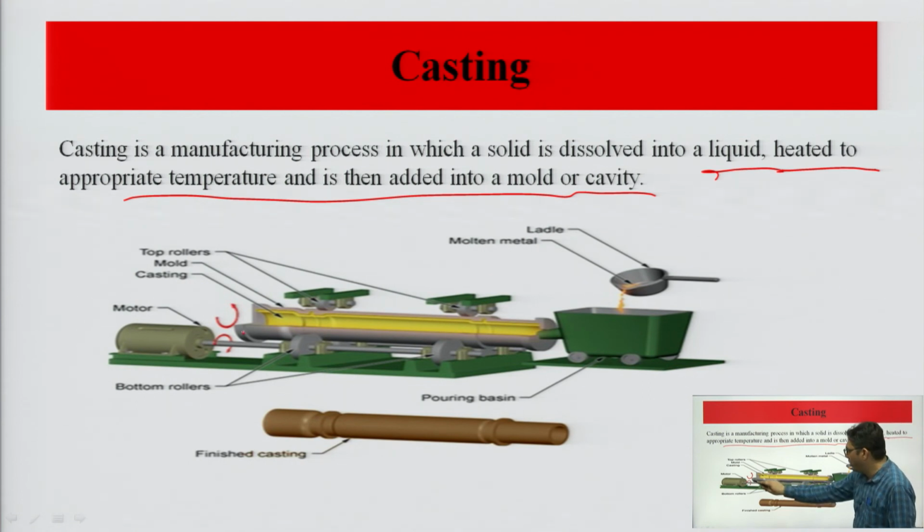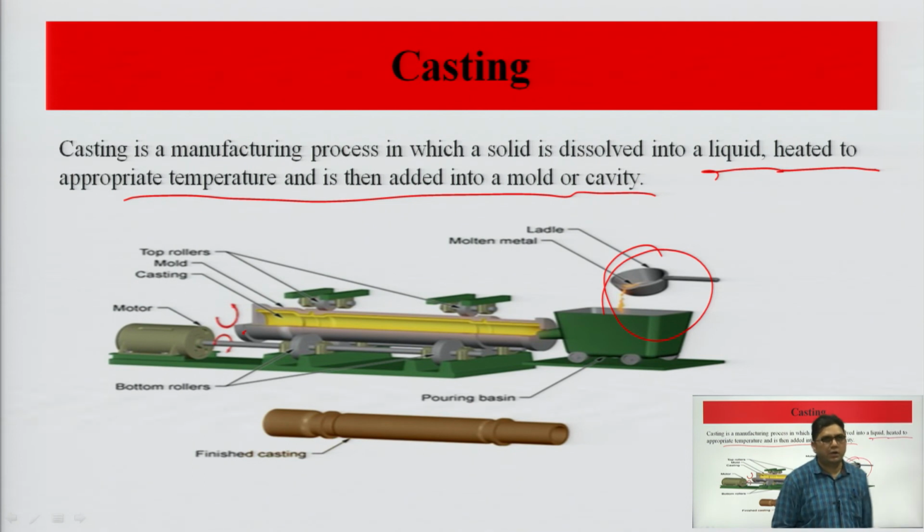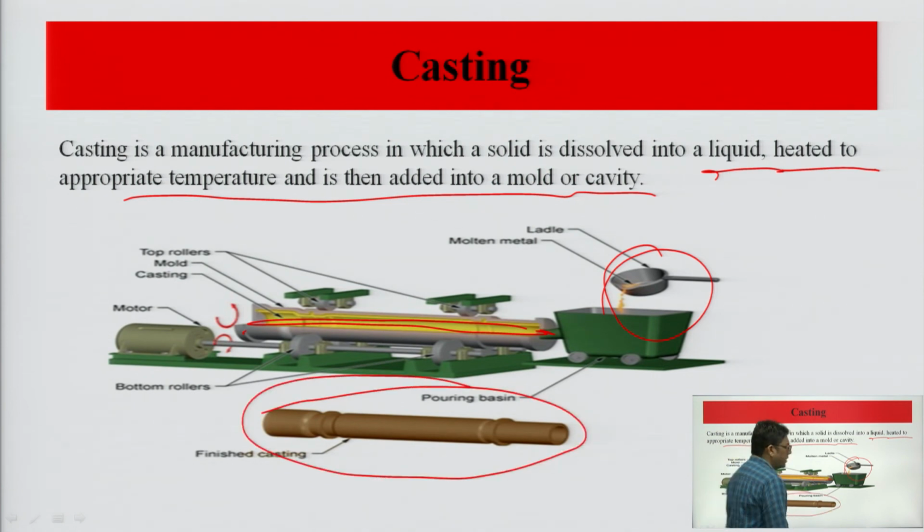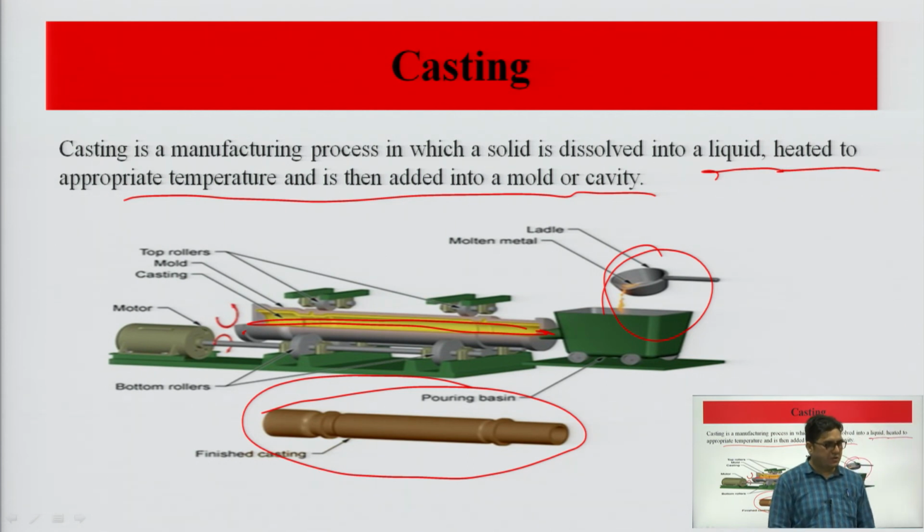You can see over here the heated material being put into a mold or frame, then rolled, and as a result the final finished product comes into existence. That is how casting is done.